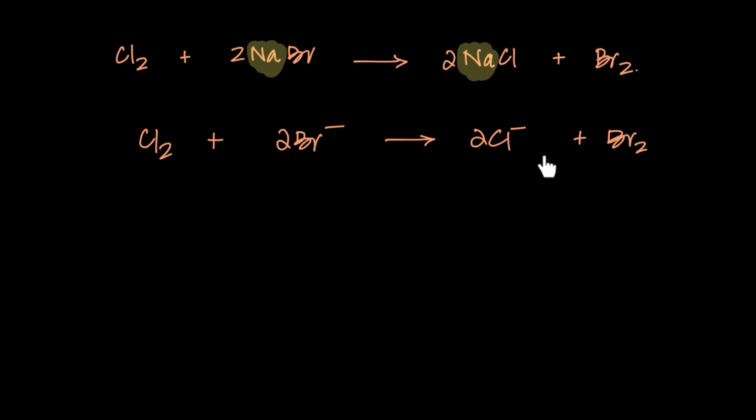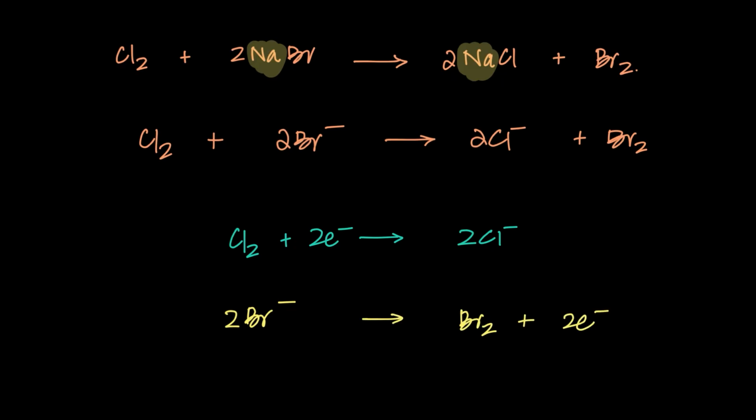And so if I were to separate the two equations, chlorine is becoming chloride by gaining 2 electrons, and bromide, sorry, not bromine, bromide Br- is becoming Br2 by losing 2 electrons.